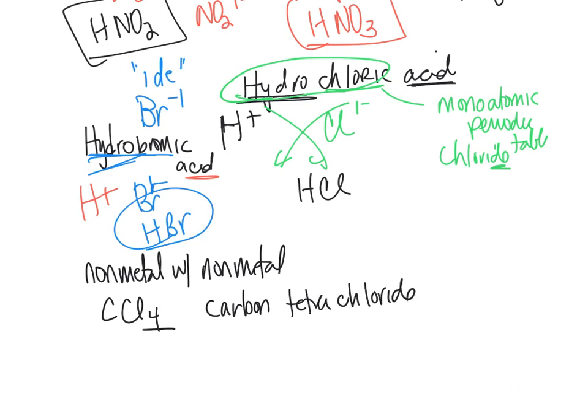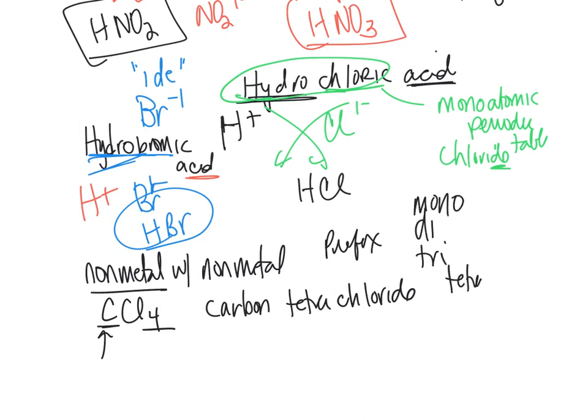And so the first element is a nonmetal, and we need to do prefixes. I told you in class you need to know mono, di, tri, tetra, penta. So you need 1, 2, 3, 4, 5, and these are based on the subscript.